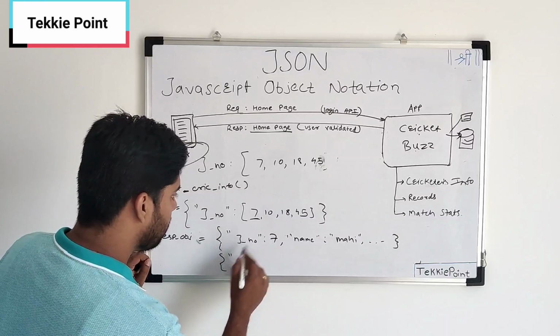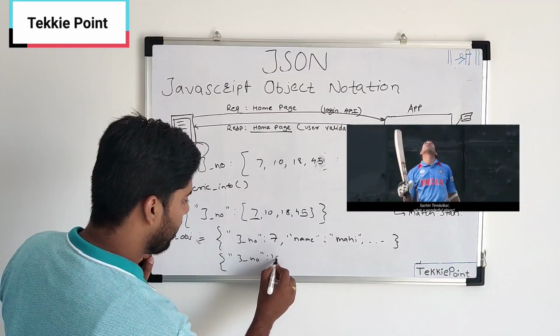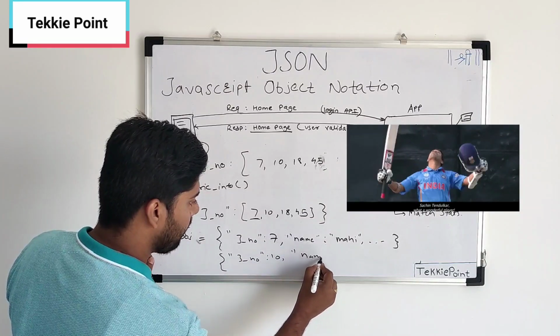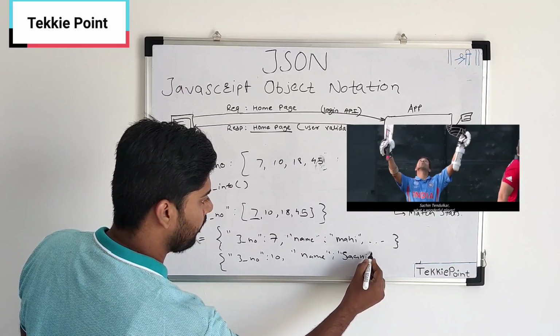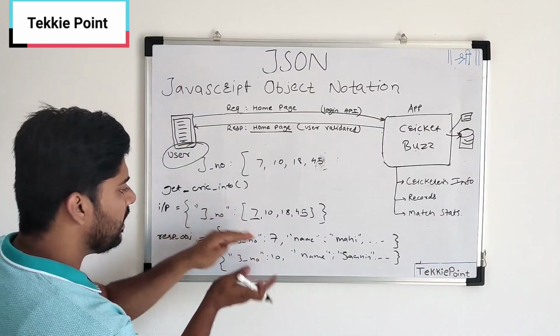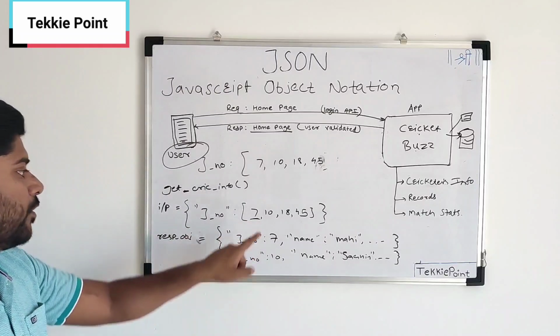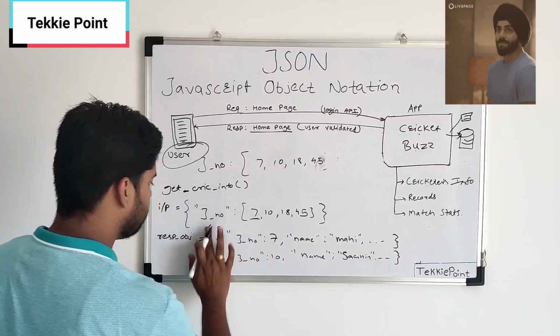So for the next one, for jersey number 10, we can get the name Sachin. So as you can see, there are multiple objects that we are getting for each and every jersey number, so we can club them in an array.